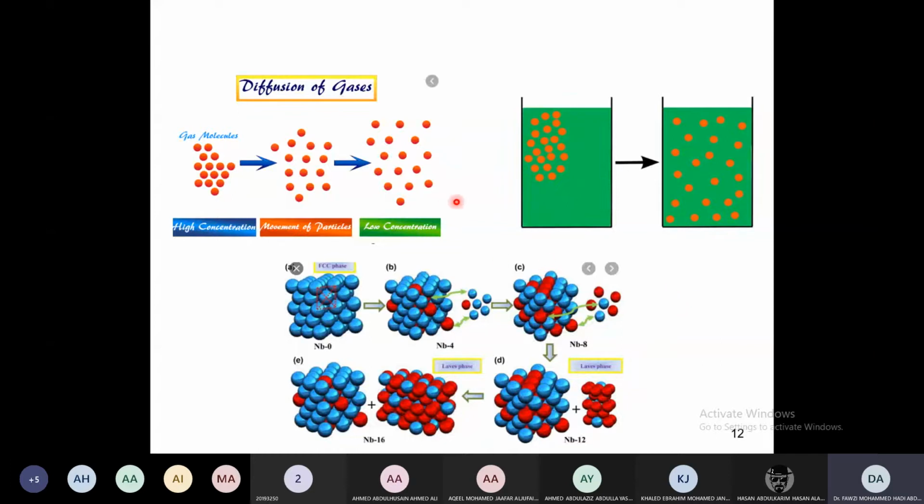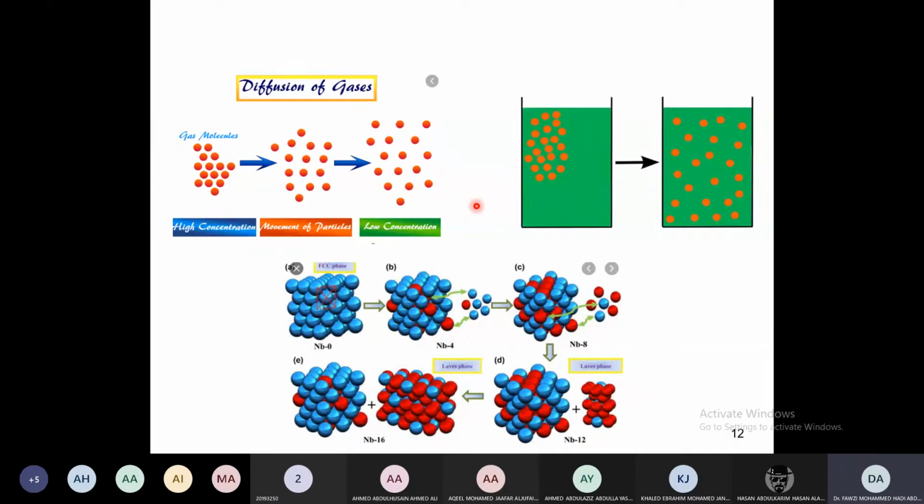Diffusion is the movement of the atoms, basically. When we have a material which changes its structure, going from one structure to another, why does it happen, and how does this happen? It happens by the movement of the atoms or molecules in the material.